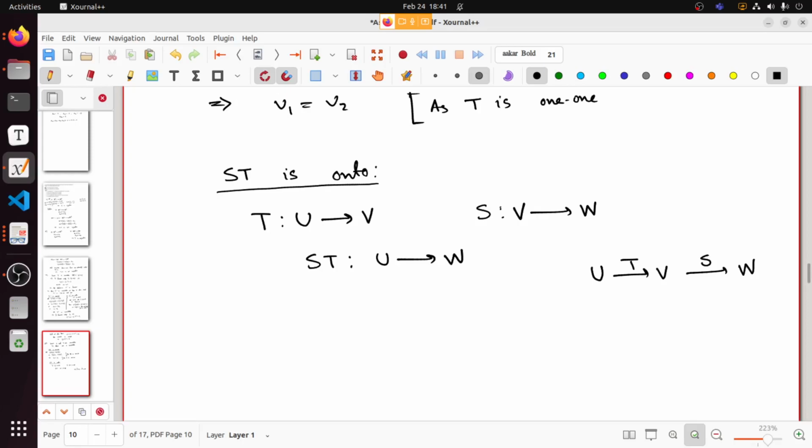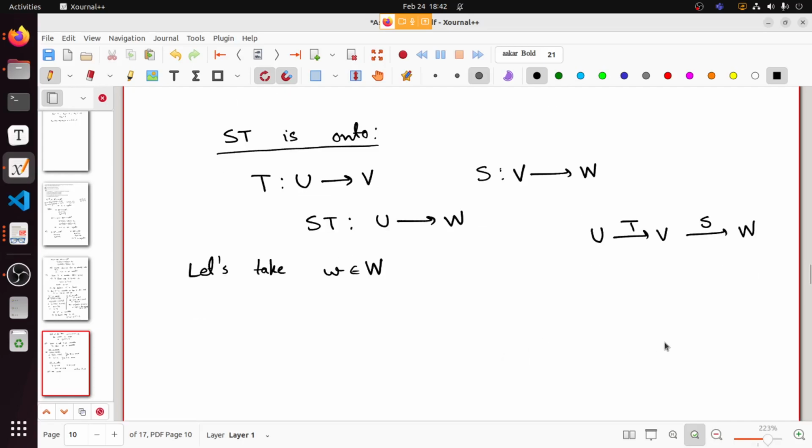Now ST is onto means we have to take an element from W and find a preimage in U. So let's take a small w in capital W. Now you know S is invertible, which means S is onto.